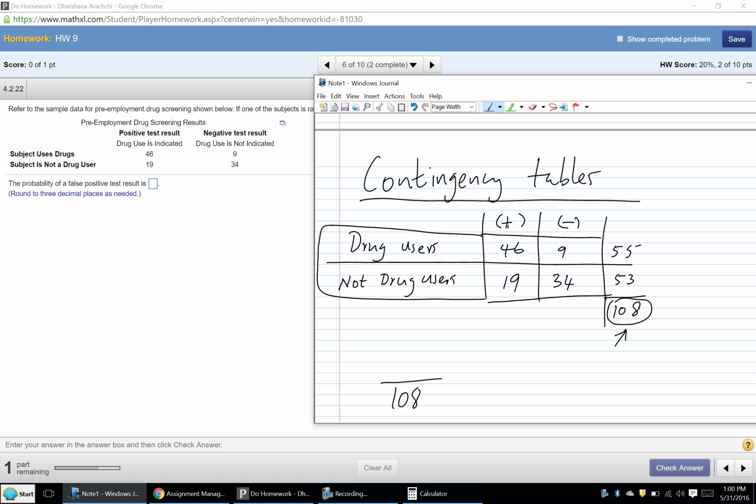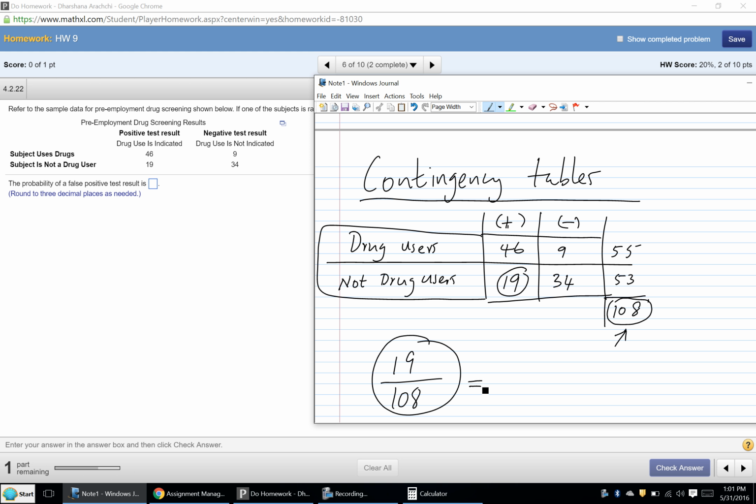Now the probability of false positive, right? We have to figure out the numerator. How many out of these 108 outcomes are false positive? 19 false positive out of 108, so 19 goes up here, so the probability is 19 over 108.